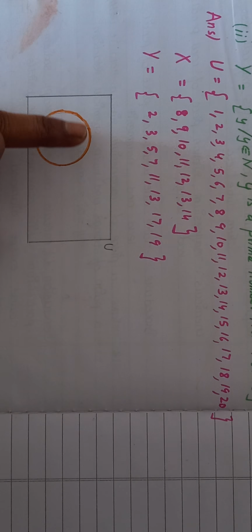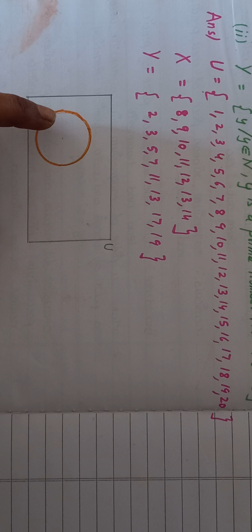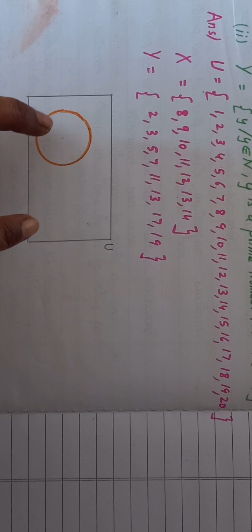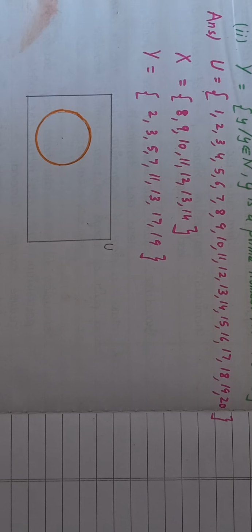Any geometrical figure you can draw: a circle, a rectangle, an ellipse, and a square also inside. You can draw small ones. There is no hard and fast rule, and you can be creative. You can use sketch pens or color pencils. You can color it.